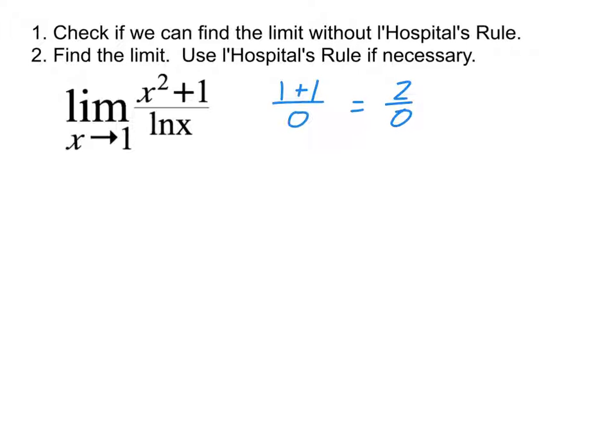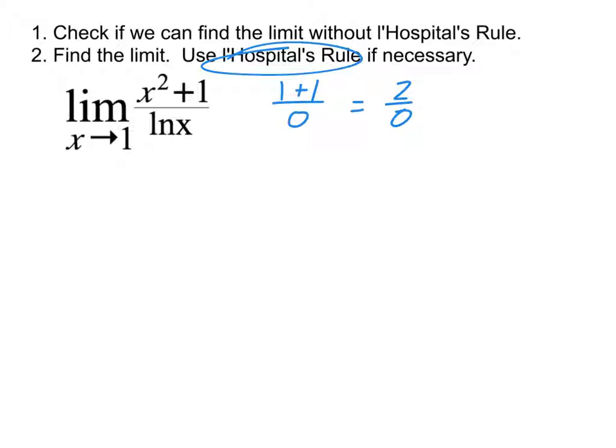Because already, I know I cannot use L'Hopital's rule. We can't. Because, remember, I can only use L'Hopital's rule if my original function, when I plug in just using direct substitution, gives me either 0 over 0 or infinity over infinity.